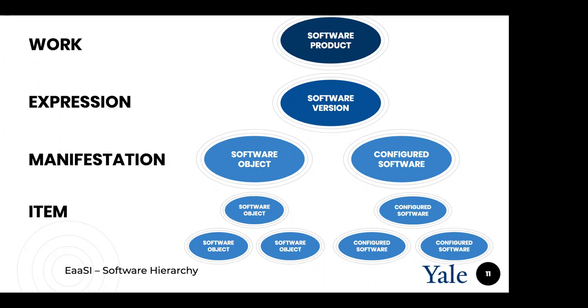And then once installed, we have this manifestation of that version as a configured piece of software within an environment. And then the lowest level, of course, being all of the various instances of those software objects or configured software within the EaaSI network. So, of course, there will be one item at Yale and maybe another one at Stanford and so on and so forth.